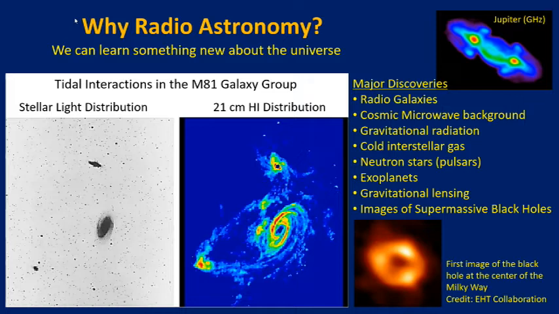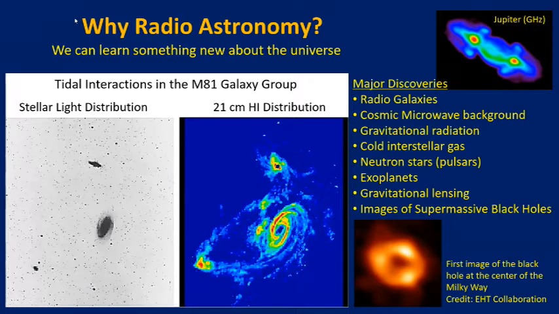You see the things look totally different. In the optical, you would not make the association that these galaxies are interacting with one another, but in the radio, there's no doubt that the hydrogen lines are showing up, and you're seeing the gravitational interaction between these galaxies. With any other wavelength, you're going to get a different view of the universe, and so too with all the radio bands that we use.